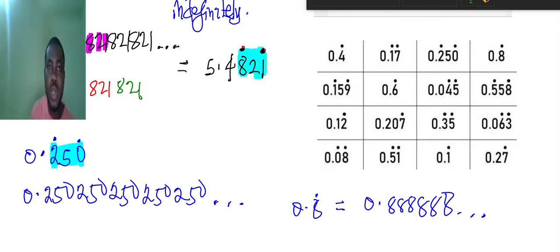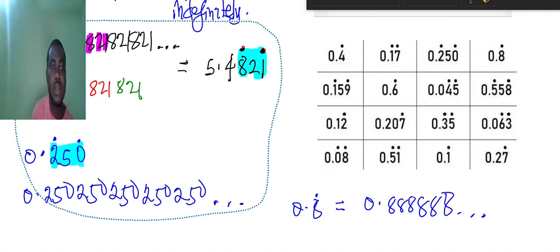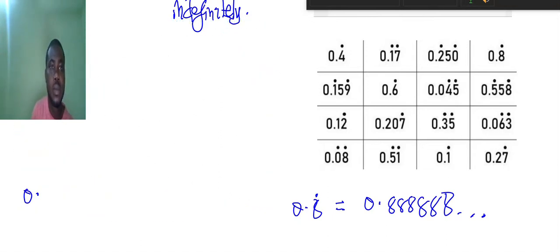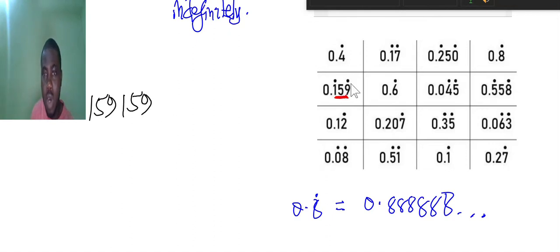Let's try to open up each of those recurring decimals. 0.159: in real sense here we have a 3-digit recurrence from 1, 5, and 9. This simply means 0.159, recurrence of 3 digits, 159, 159, from 1 up to 9, in that pattern.